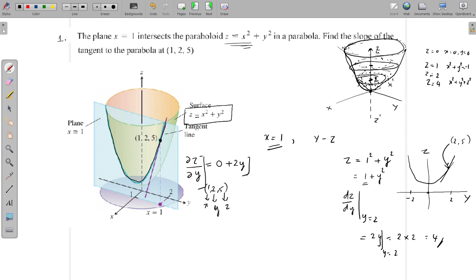So this contains only y, so that is equal to 2 into 2, that is equal to 4. This is an application of partial derivative to find the slope of the tangent at some point of the surface.